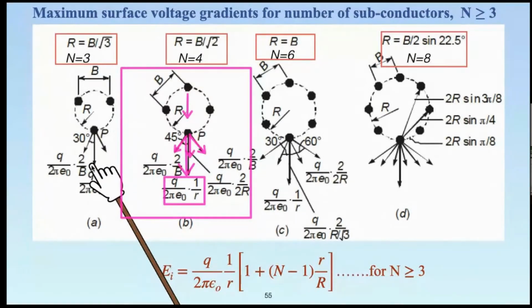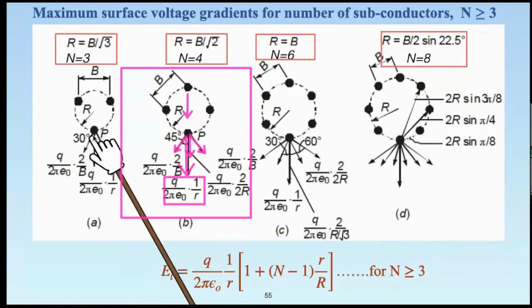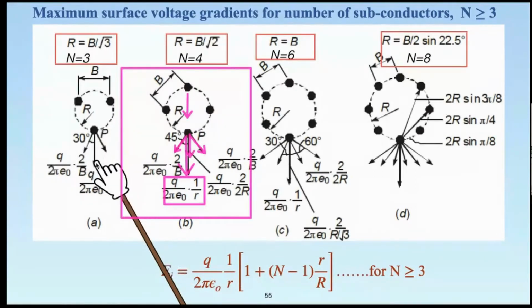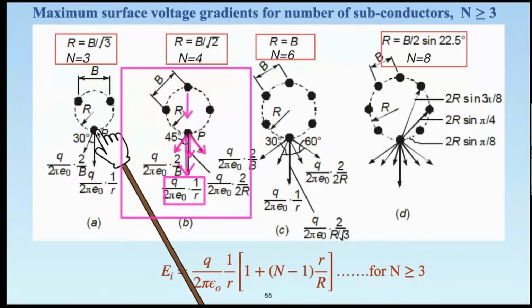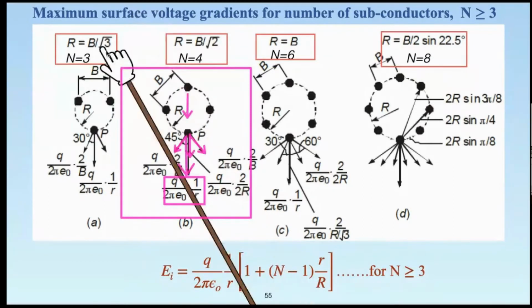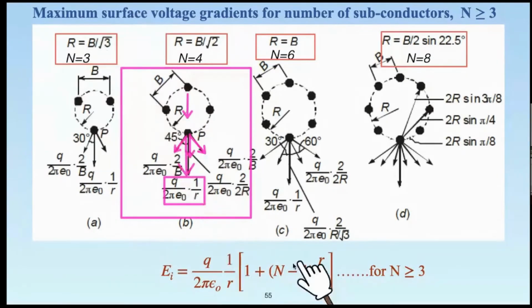If you remember, especially you study in the first year mechanics also, by knowing the angle of these vector components, you can find out component along x as cos of angle, and then component along y direction as sine. So all the components that are getting added in this particular direction, you have to multiply by cos 30. So that takes care of this term root 3, and that's why we don't see here any root 3 term for n equal to 3.